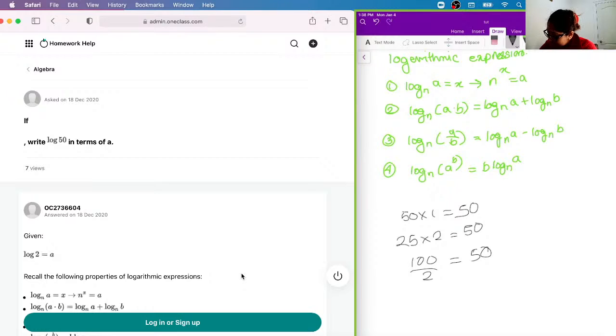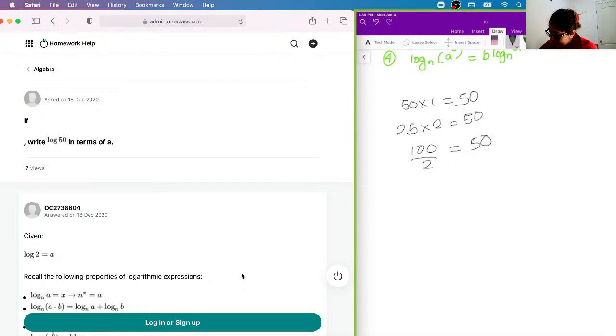So since the base of a logarithmic function is 10, since it's not really said, so we assume it's 10, it would be easier to deal with the 100 over 2 pair of numbers, since it will be easier to deal with 100 when you have a base of 10.